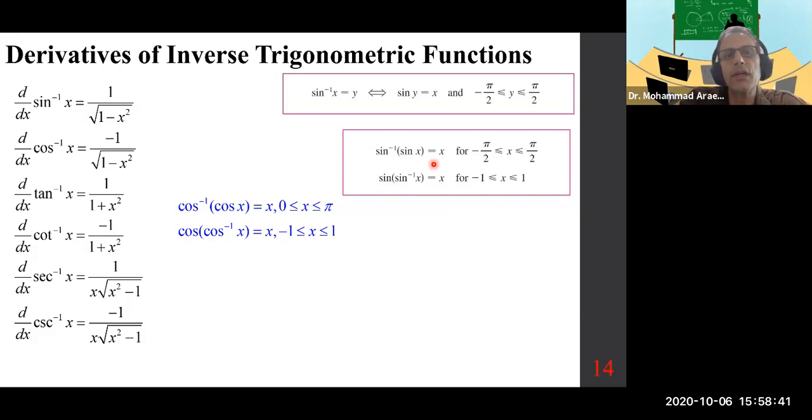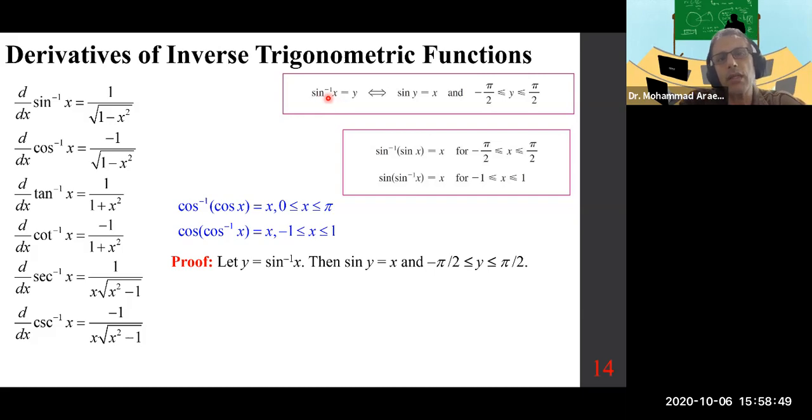So let's look at the first one as an example. Sine inverse x equals y. We want to differentiate that. That means sine y equals x. I wouldn't know how to differentiate this one, but this one I can differentiate using implicit differentiation.